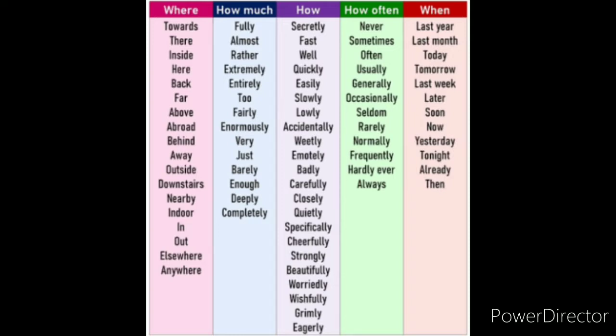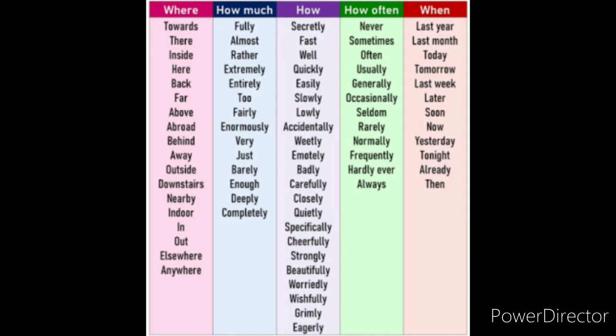Next we have how much. These are all the adverbs of degree. Fully, almost, rather, extremely, entirely, too, fairly, enormously, very, just, barely, enough, deeply, completely. Now, most of them have ly at the end.